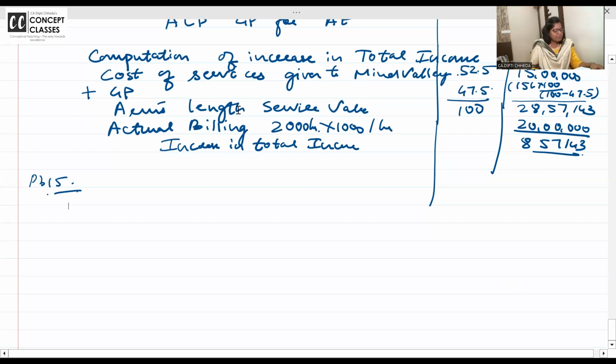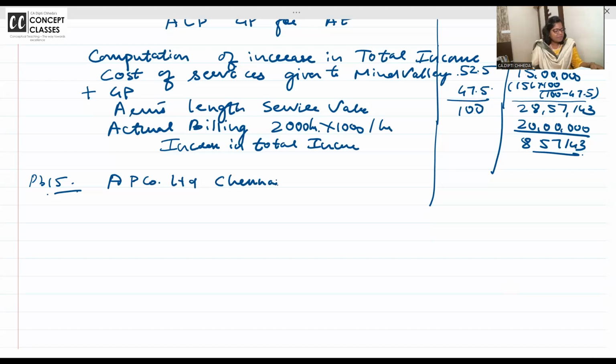First of all, APCO Limited, Chennai, and Sky Incorporation, Singapore, are associate enterprise. Okay, so we are importing TV sets without any warranty. Are you reading?